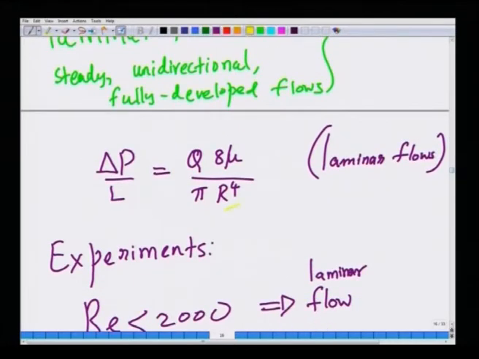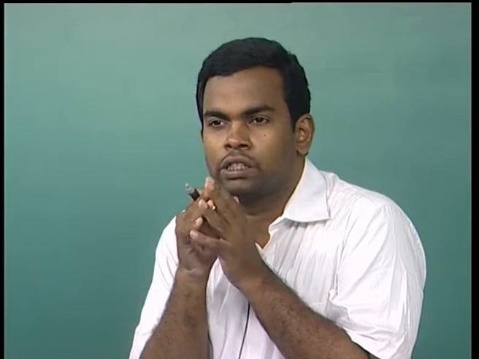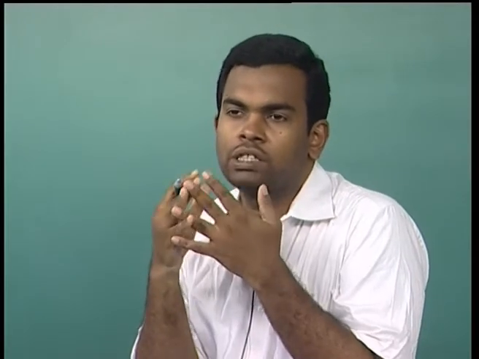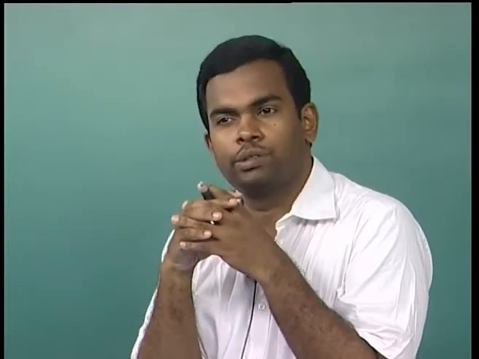Okay. This relation does not work for Re greater than 2000. But that does not mean that such situations are not encountered in industrial applications. In industrial applications, one often sees that the flow is in the turbulent regime.